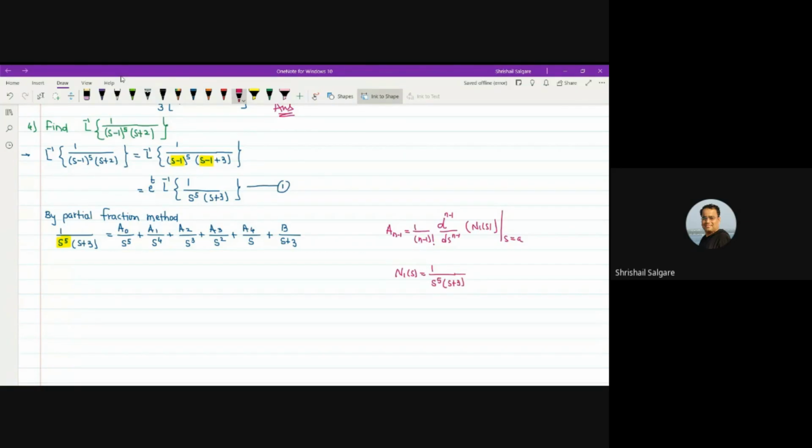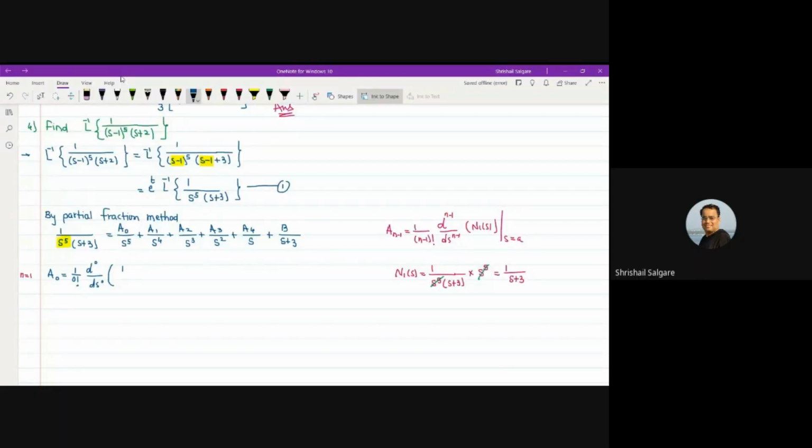Now for this you have to multiply by the highlighted factor. What is the highlighted factor? S raised to 5, highlighted in front of you, so s raised to 5 minus s raised to 5 means that factor gets cancelled. Now what remains is n1 of s, that is 1 upon s plus 3. Correct.